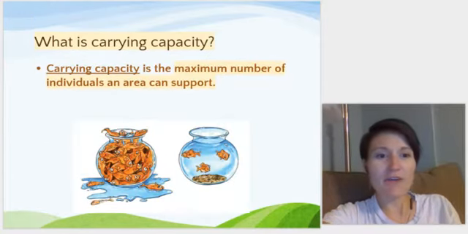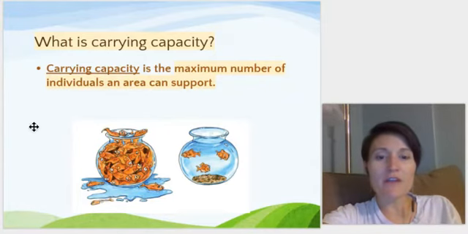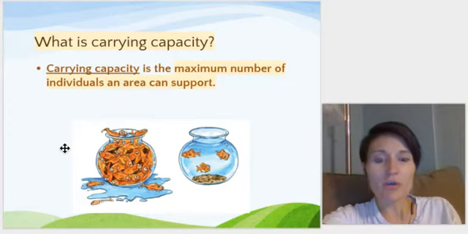Okay, so now we're going to look at carrying capacity. So write this in your key terms, and then its definition. So this is a really great picture to show the concept of carrying capacity in illustration form. Carrying capacity is the maximum number of individuals an area can support.